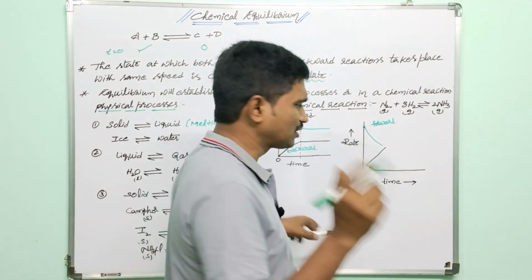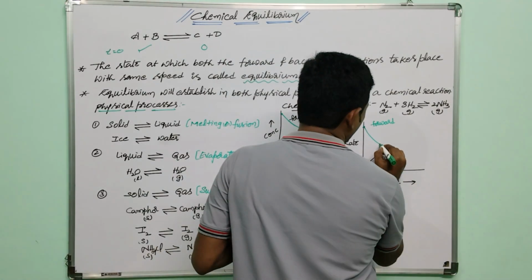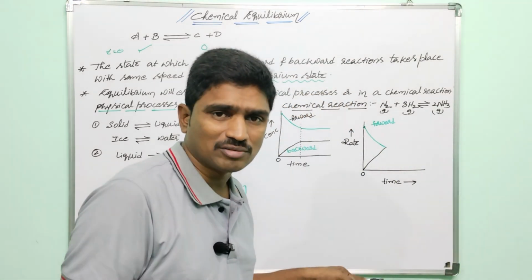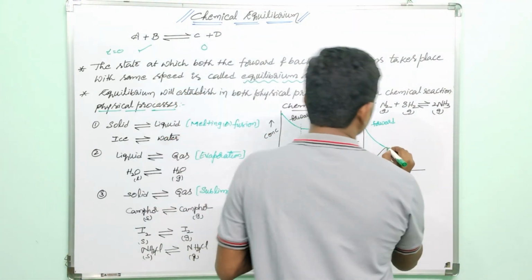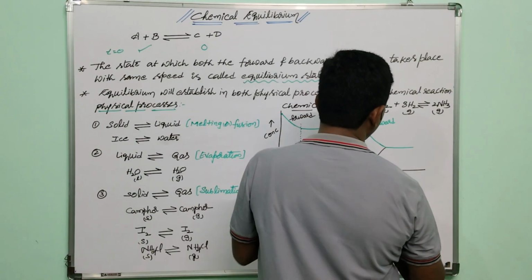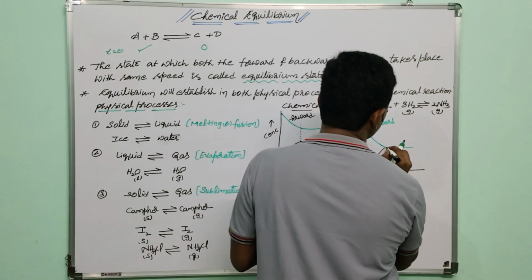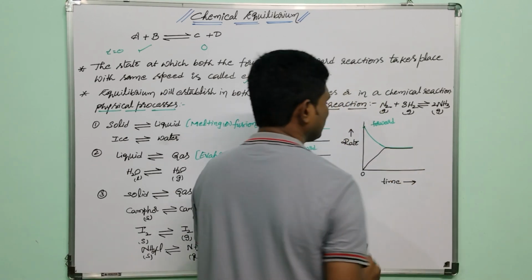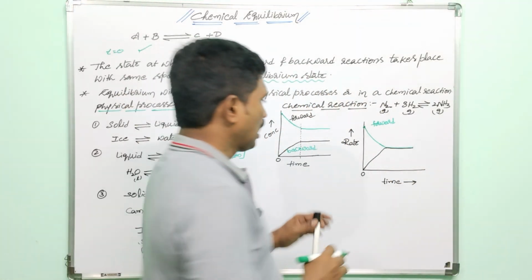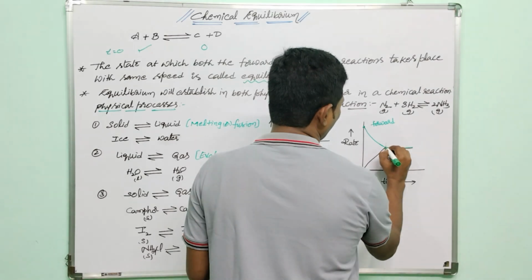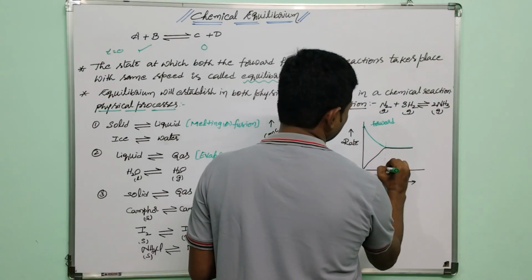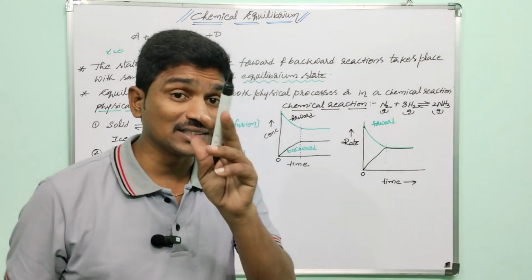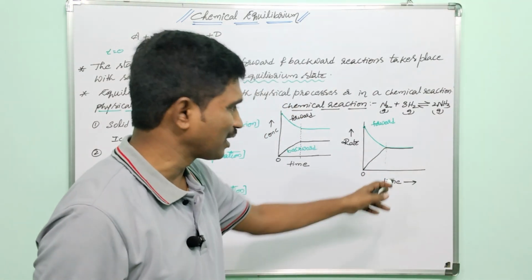But at a certain time, forward speed decreases, backward speed increases, and both reach an equilibrium. Both remain constant, both remain the same. At a state at which both the forward and backward reactions take place with the same speed or same rate, that state is called the equilibrium state.